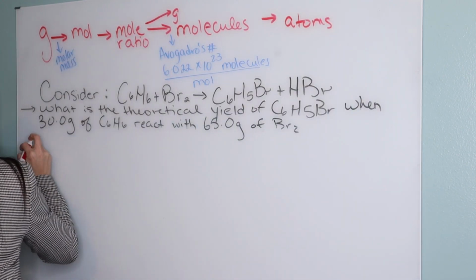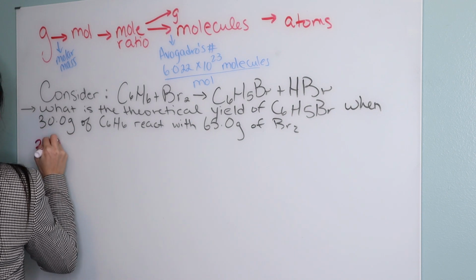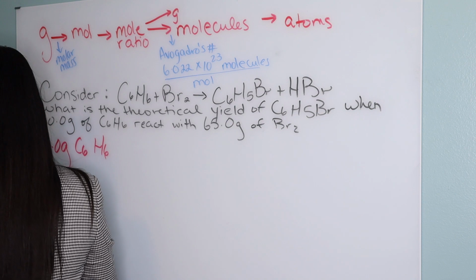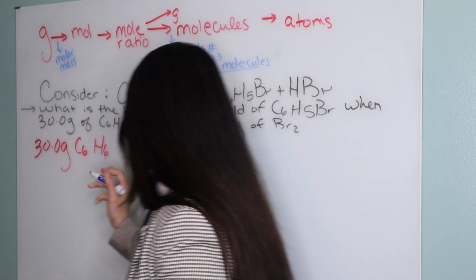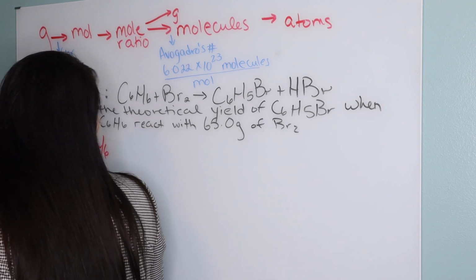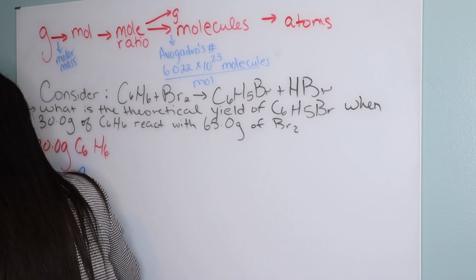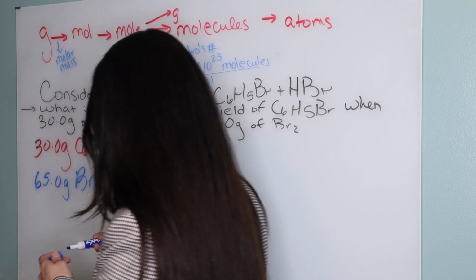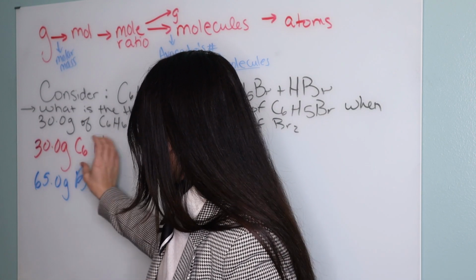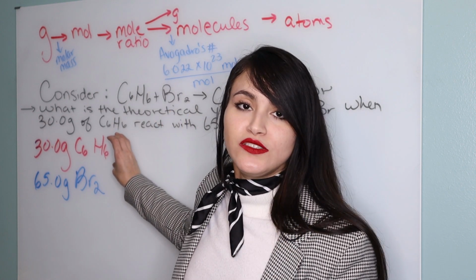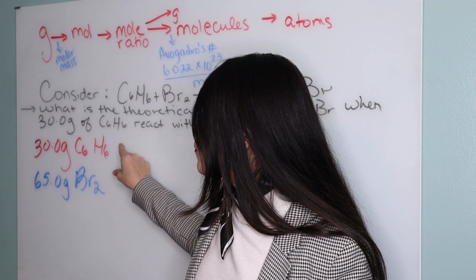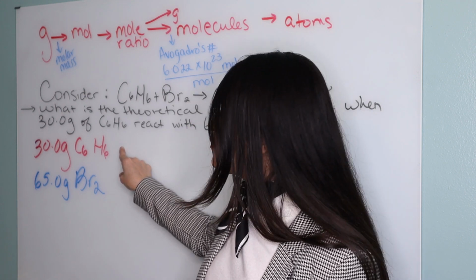I'm starting out with 30.0 grams of reactant number 1, and 65.0 grams of reactant number 2, which is here 2. And like I said, I'm starting with grams of one reactant, and I'm trying to figure out how many moles of the product that reactant is going to be able to produce.